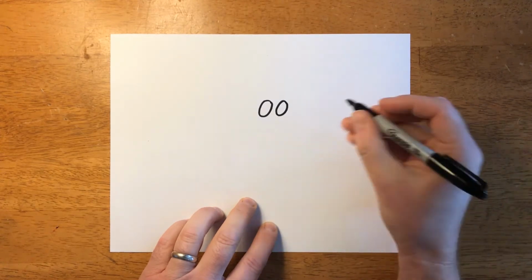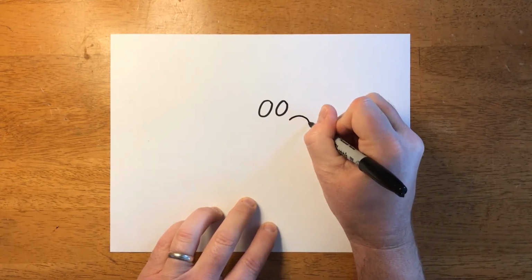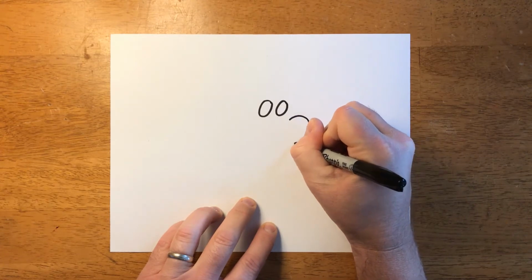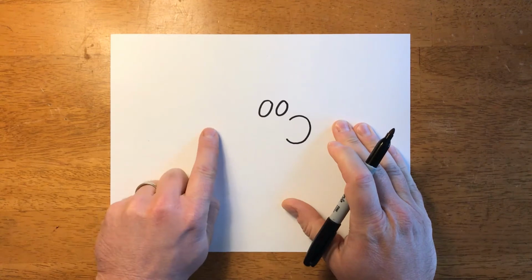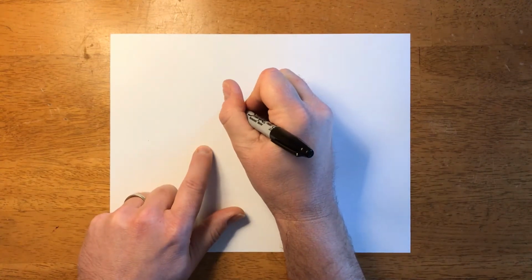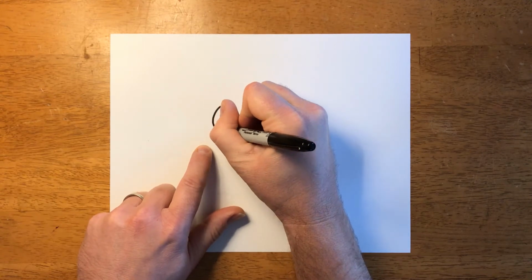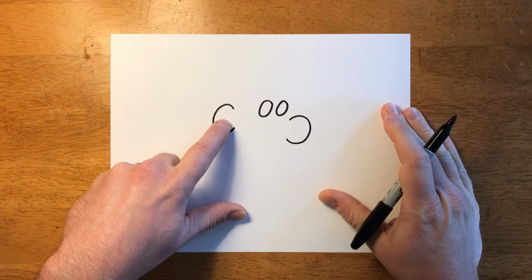And then I go for that nose. It's that backwards C. And then I like to find a spot about equal here and then come up a little bit for the actual C over there.